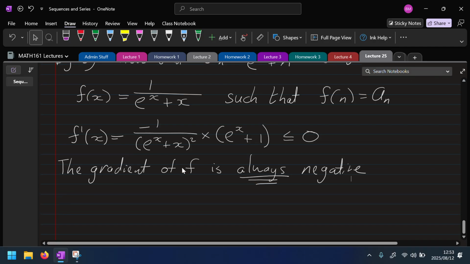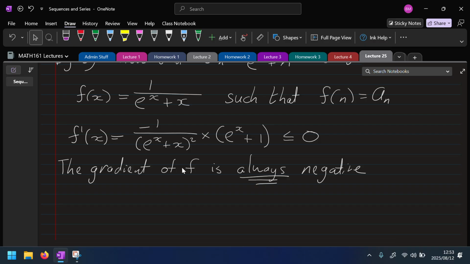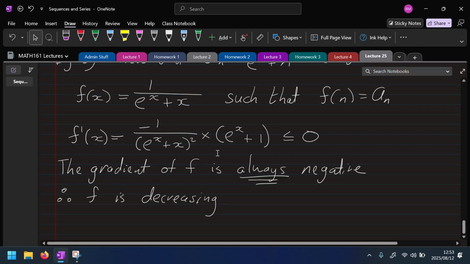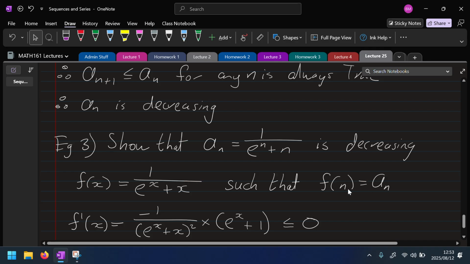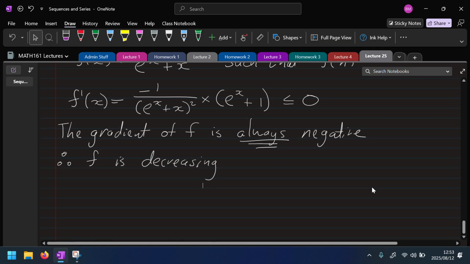And if it's always negative, then f is decreasing. And if f is decreasing, then our sequence is also decreasing, right? Because we've got this special case here of f(n) is a_n.